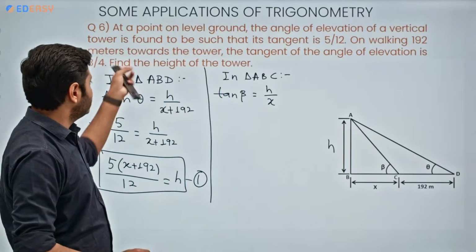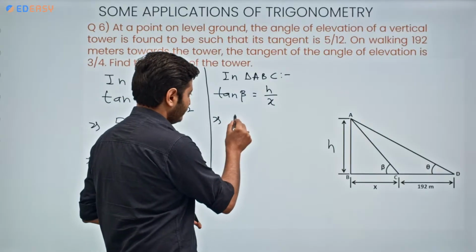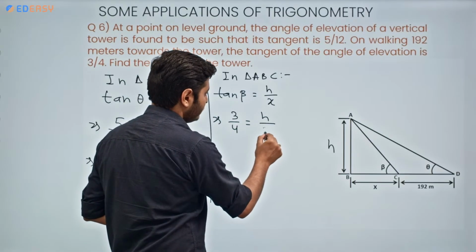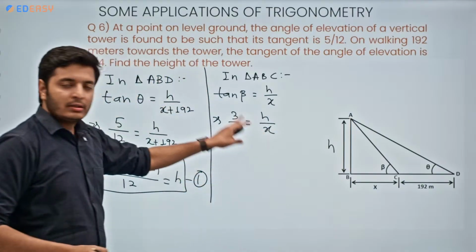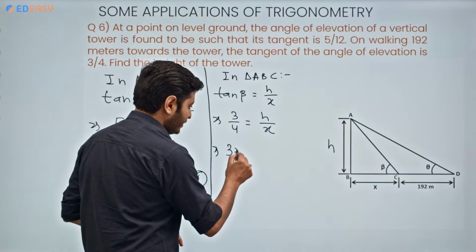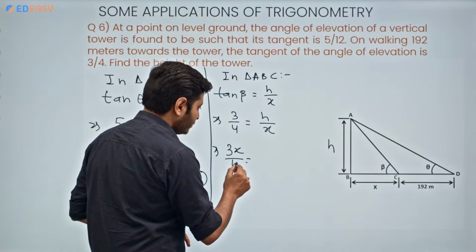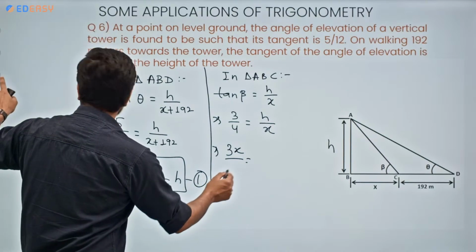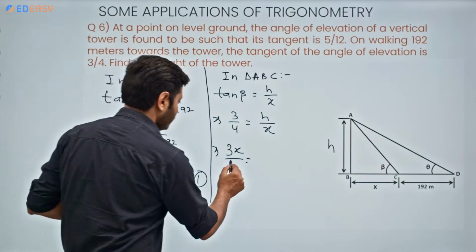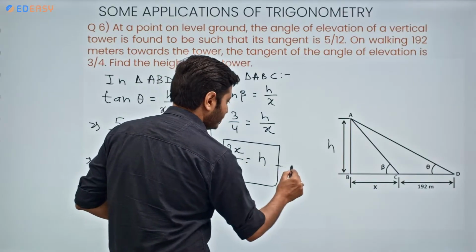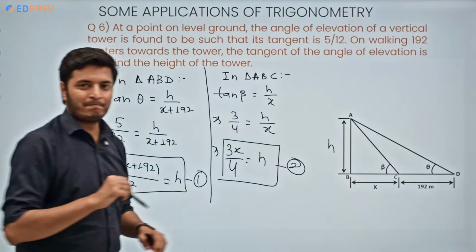Tan beta is given as 3 by 4. H as it is by x as it is. Transpose this x to the left side. So the equation will become 3x by 4 is equal to h. Sorry, my bad, this is not h, this is 4. This will be your equation number 2.